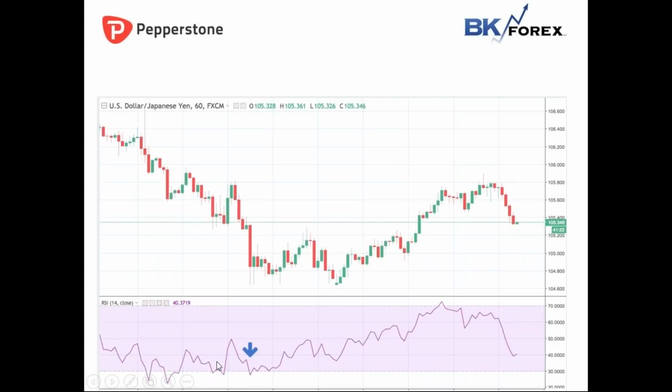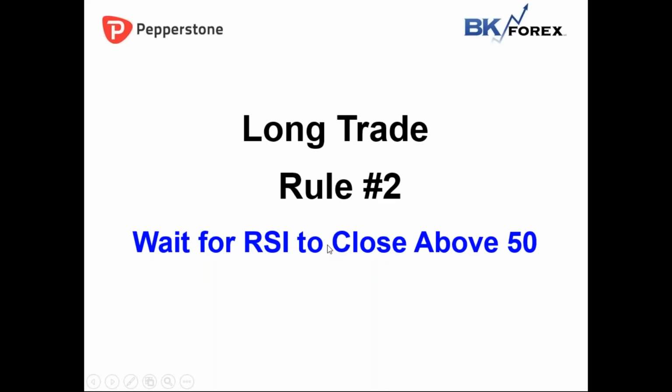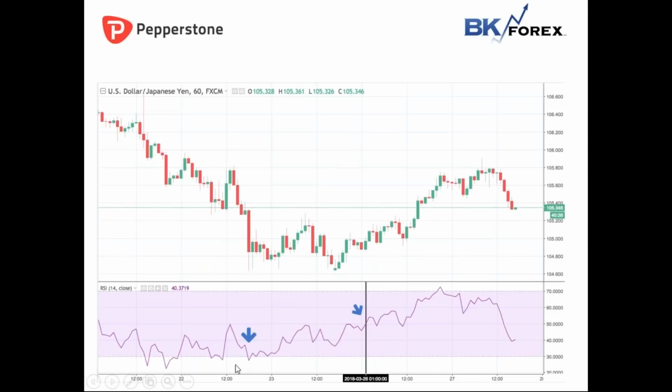Then what you want to do is wait for the RSI to close back above 50, and that doesn't happen until where my second arrow is. So in dollar yen on the hourly chart, the RSI, quote unquote, sets up when it's trading at 104.70. And then the RSI closes back above 50 at around 105.